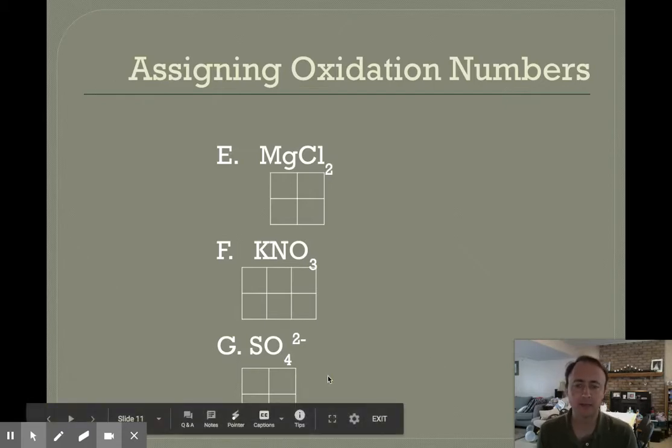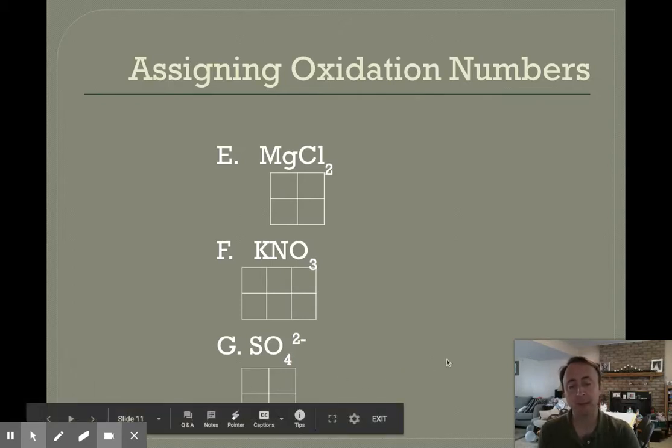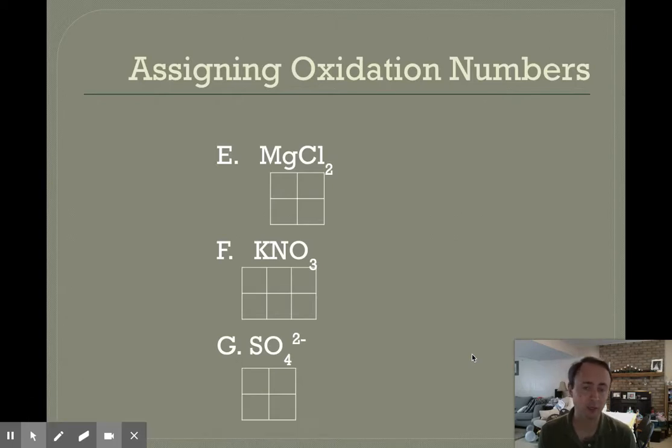Now in this last example, we have sulfate, which is a polyatomic ion. We've got sulfur. We don't know that, so we'll plug in an X for sulfur. Oxygen, we know is -2 each, but there are 4 oxygens, so that would be -8 total. So I would have X - 8, but it's not going to equal 0 because this has a charge. It's going to add up to -2. So X - 8 equals -2.